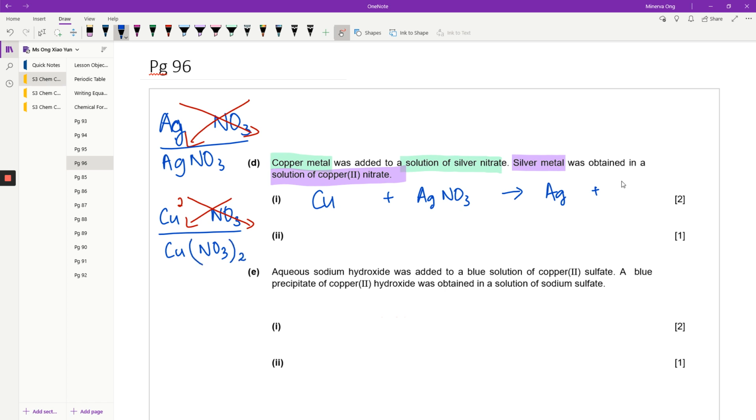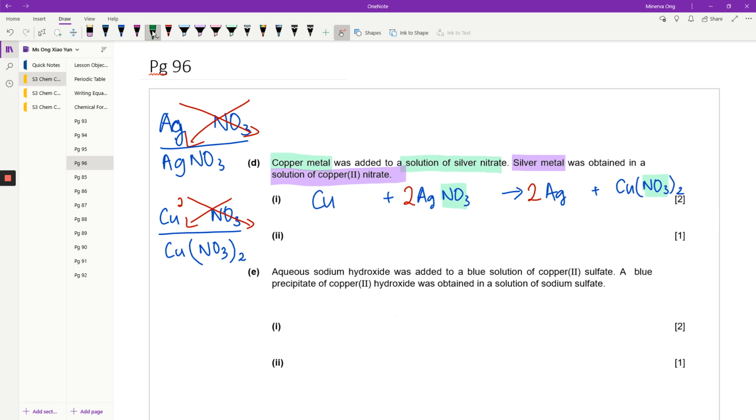So this is Cu(NO3)2. When you balance this, you see this is one whole group, and there's 2. So when you put a 2 here, you will balance the nitrate. You don't separate the N and O, otherwise you make your life very difficult. After you put this, silver needs to be balanced. Copper is already balanced on both sides, so make a last check later on.